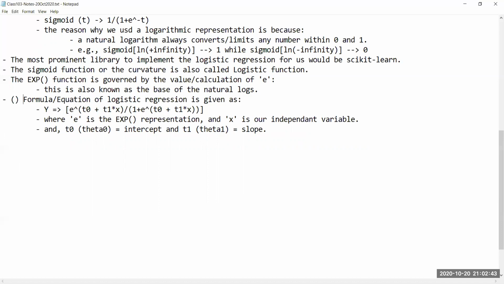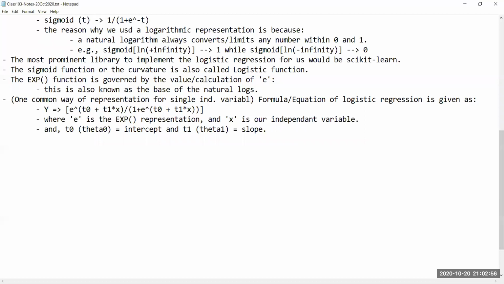In other words, we can say this is one common representation for a single independent variable. This formula will still work.